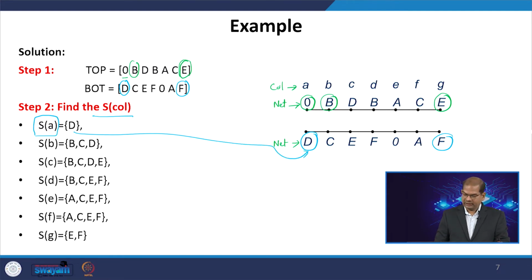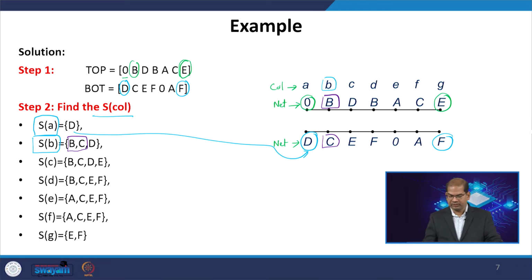Now, for S of B, this is your B. I will draw it in a different color. S of B includes B, because this is the B column, and C should definitely be there, BC corresponding to this BC, and D should be there.